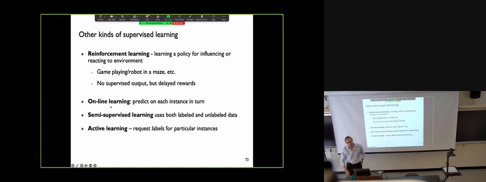Online learning generally means that you don't have a training data set that comes at you right away. It comes over time. So you learn a model that adapts over time. Every day there's a new stream of data that comes, and you update the model using that new stream of data.